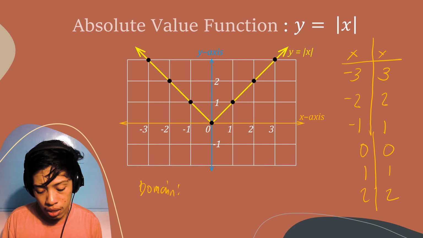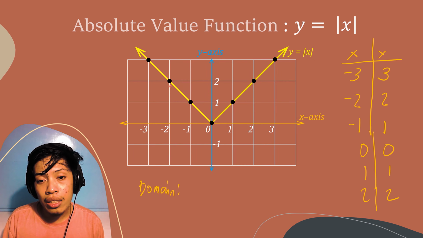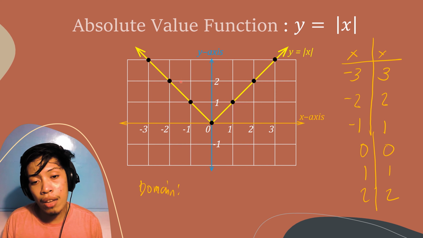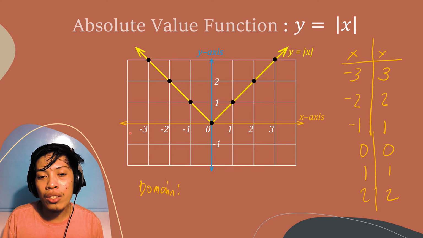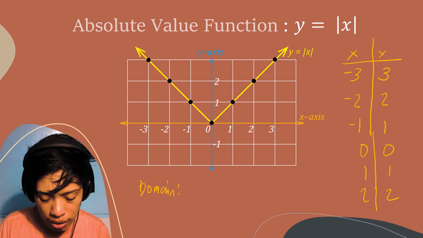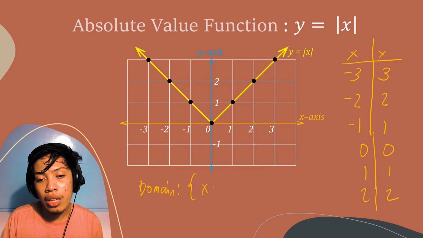Now, when you look at this graph, this arrow here will just go on forever upward to the left, and this will go on forever upward to the right. So that means that all of the values of x on the x-axis will be covered by this function. So that means that your domain is also all real numbers. Okay, so this is x such that x is all real numbers.